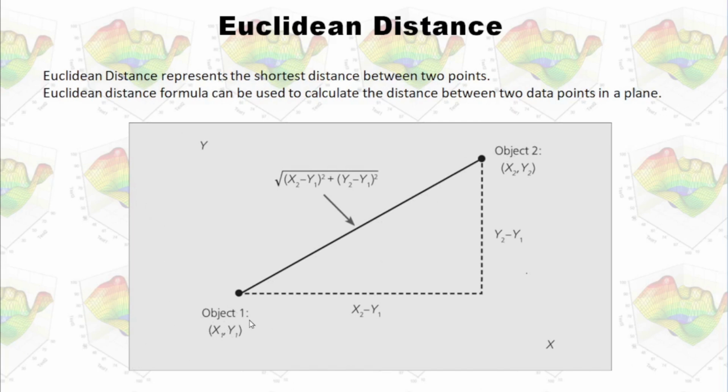Object 1 is located at x1, y1, and object 2 is located at x2, y2. So, the distance between object 1 and object 2 can be calculated with this formula. This is the Euclidean distance.